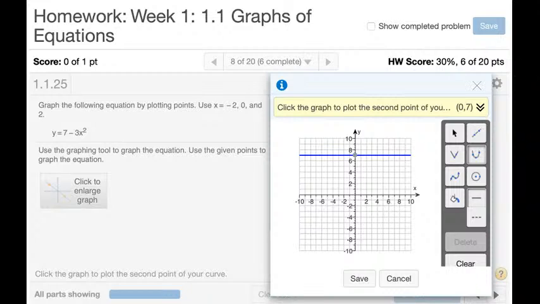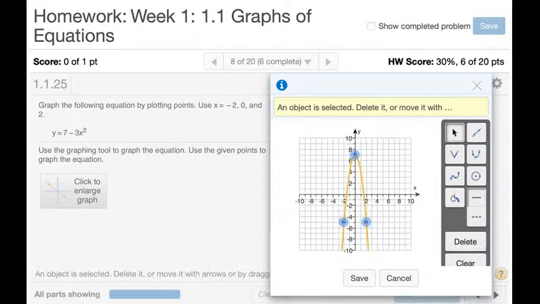So negative 2, negative 5. And that first one should have been the axis of symmetry. So I'm going to choose 2, negative 5. Okay. I'm just going to save that and give that a go. It looks proper. I'm going to check the answer.